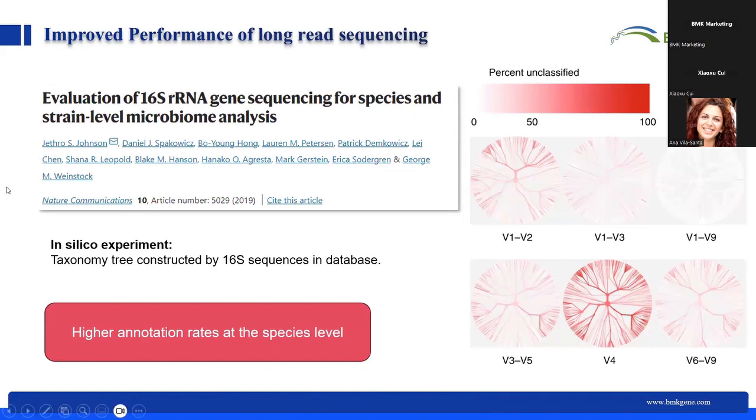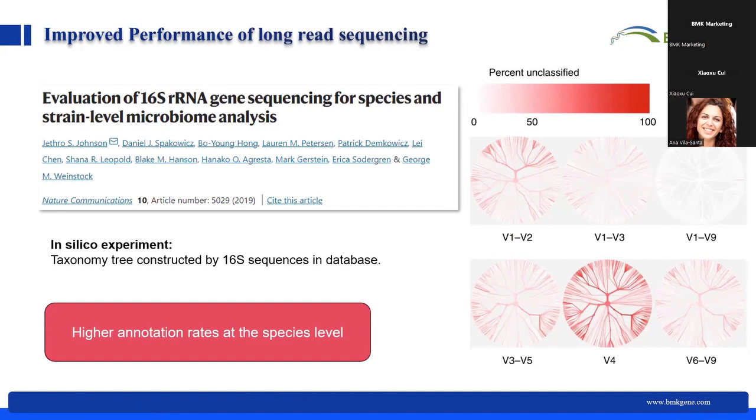This can be well illustrated with in silico experiments, such as this one, where a taxonomy tree was constructed using the 16S sequences that are present in the database. And when we are using the entire 16S sequence, which is right here, almost all sequences will be classified. This is because we have the entire information. It's intuitive.